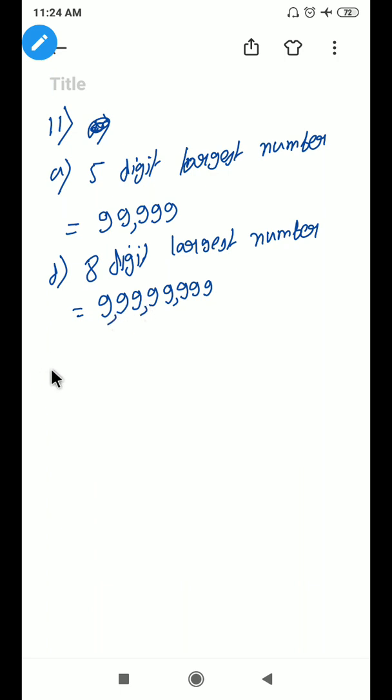Clear? Now go to the next one, question number 12. Here it asks you to find the 5-digit smallest number. Question number A. Now you have to make the 5-digit smallest number. This time you have to search which one is the smaller digit from 0 to 9. You can say that 0 is the smaller number, but if you put 00000 here, this will not be a 5-digit number, because it is nothing but only 0.